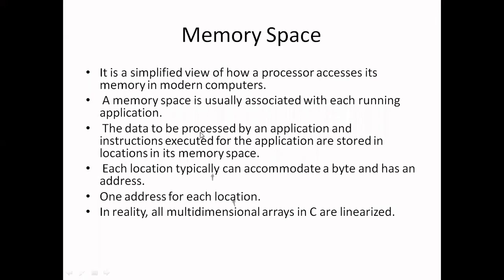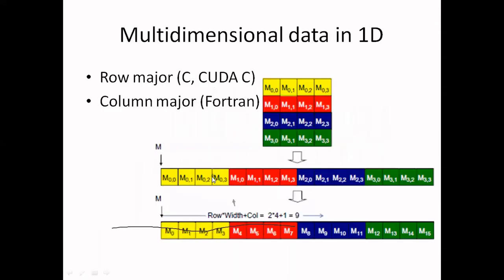Whatever the data and the program, they are all stored here in the memory. Important is each location typically has a byte, and it also has an address, one address for each location. So we will linearize our two-dimensional data into one-dimensional, and we have our byte addressable data.